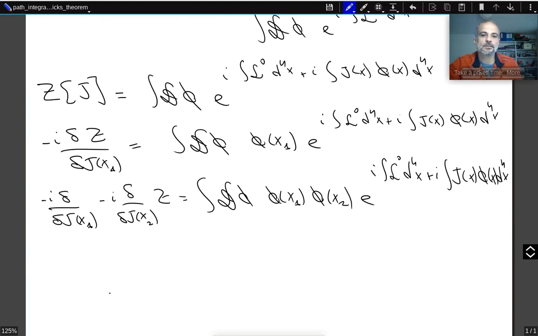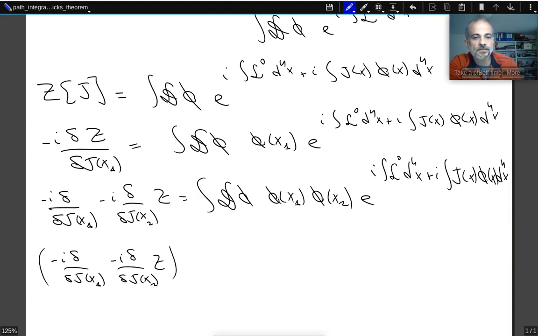So in particular, if let's say I take this derivative, then divide by Z and then set j equal to 0.